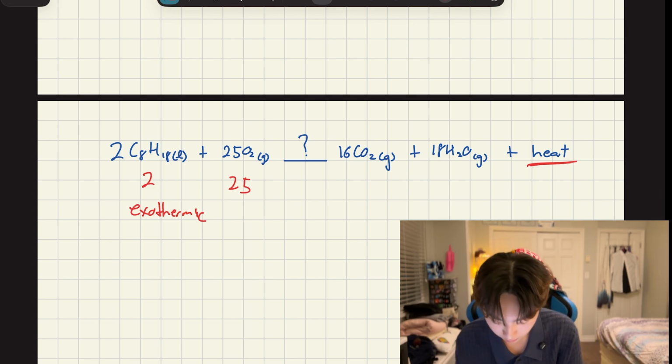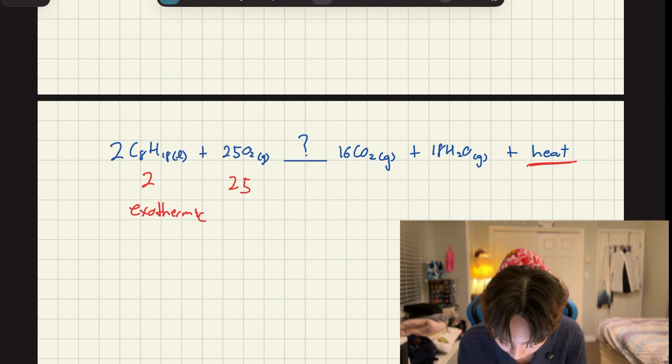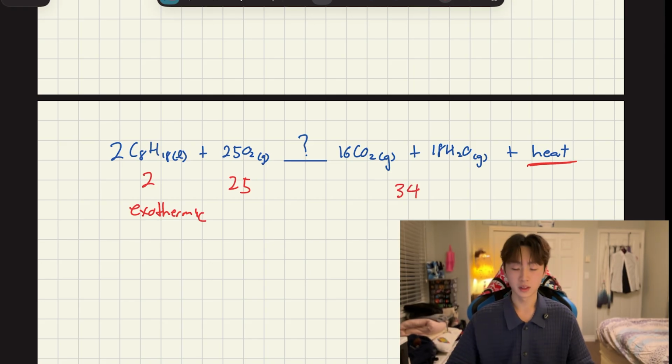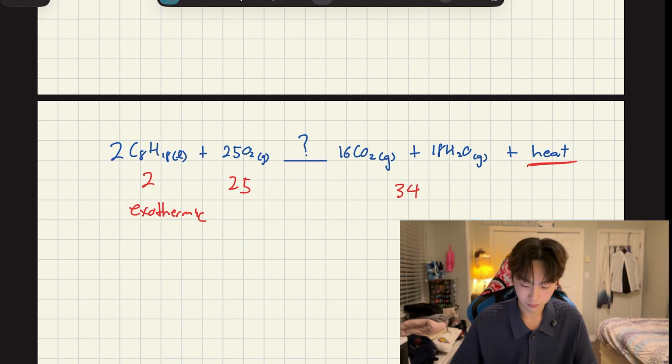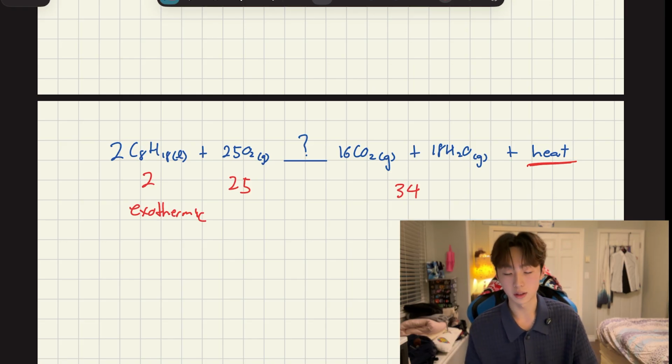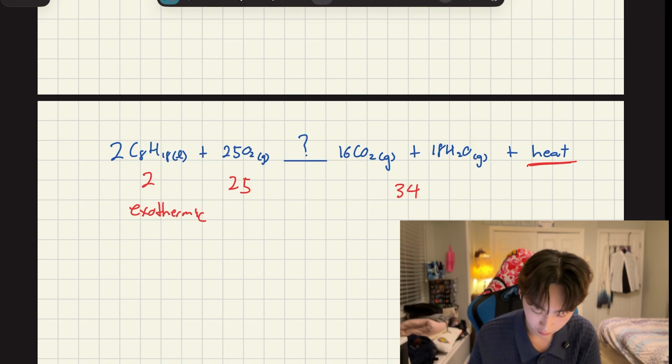Now on the right side, we see that we have 34 moles of gas. So looking at it, we know that 34 moles of gas is much more disordered than 25 moles of gas plus 2 moles of liquid. So we know that going towards the product side, that's increasing entropy.